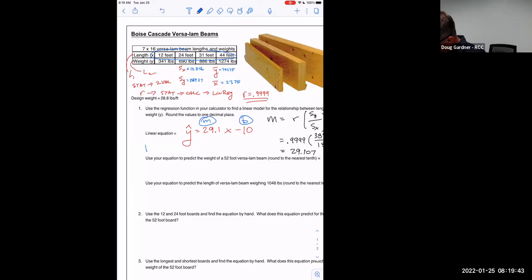So b, we said, was found by taking y bar minus m times x bar. So that would be 797.75 minus that slope we just found, 29.11, multiplied by x bar, which is 27.75.